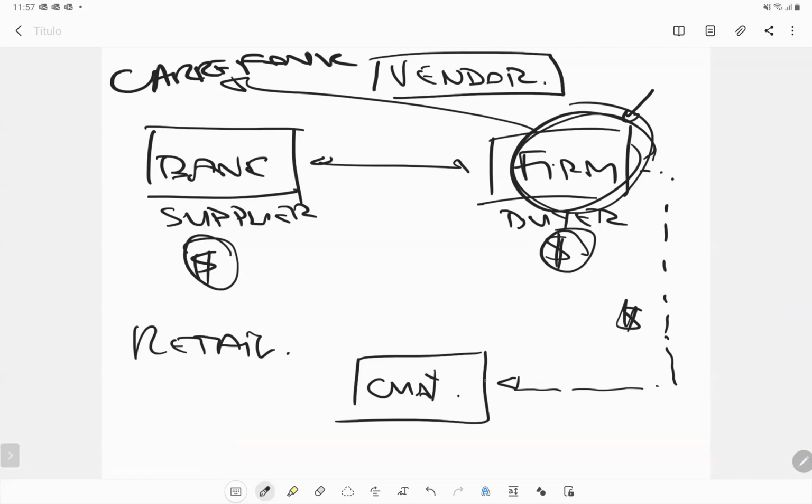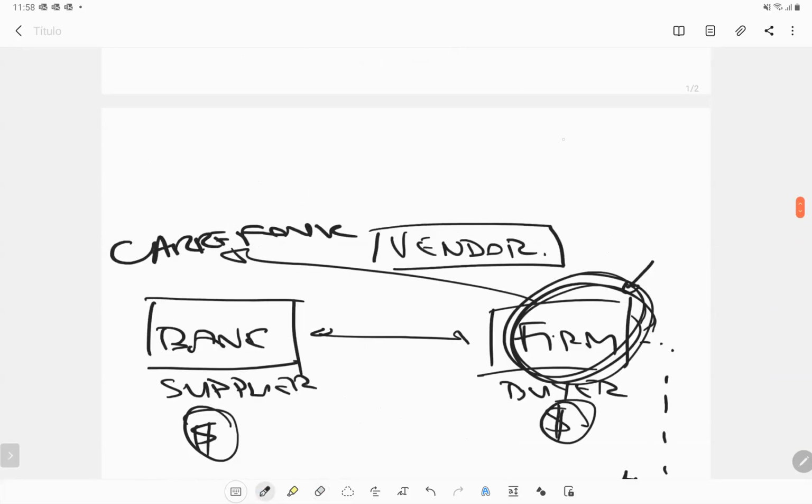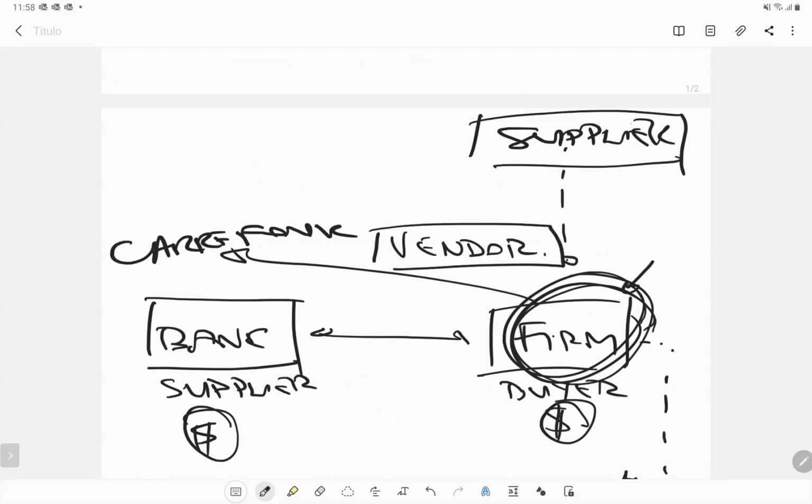Here we have our customer, ourselves, the individuals that go to Carrefour to buy apples, oranges, vegetables in general. Here we have Carrefour, and here we have the supplier of fruits and vegetables to Carrefour, which is one small farmer. What does Carrefour do?